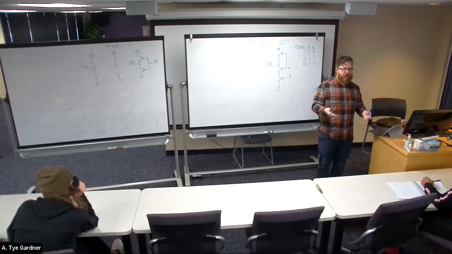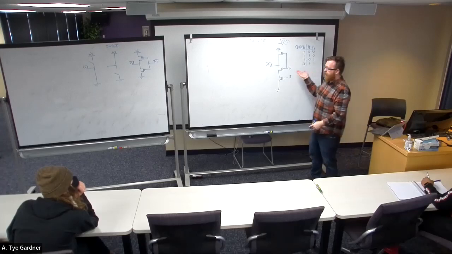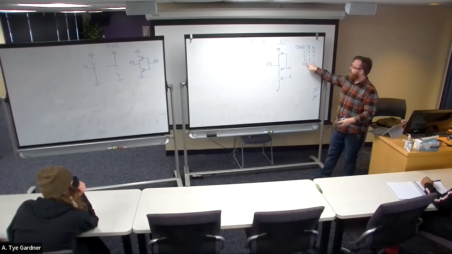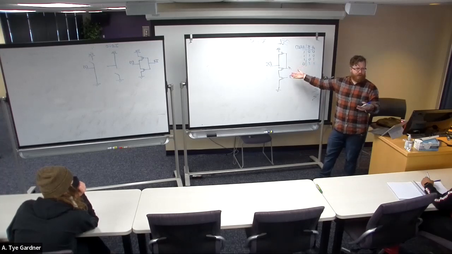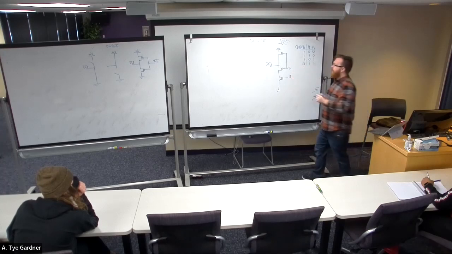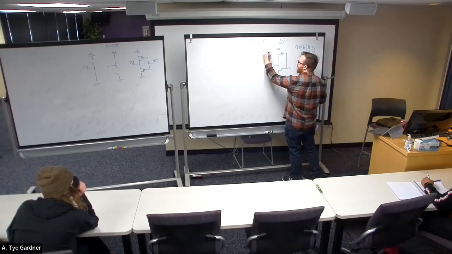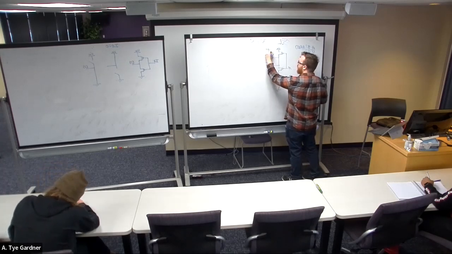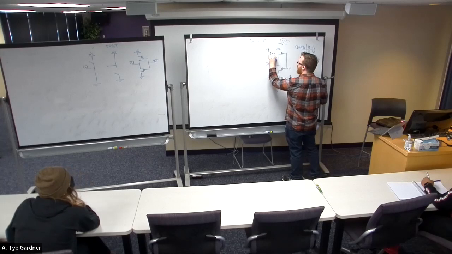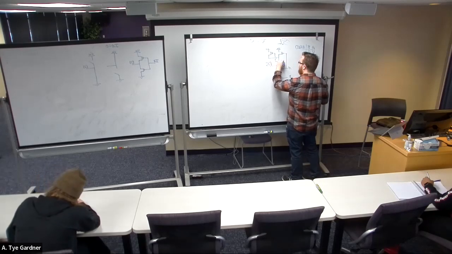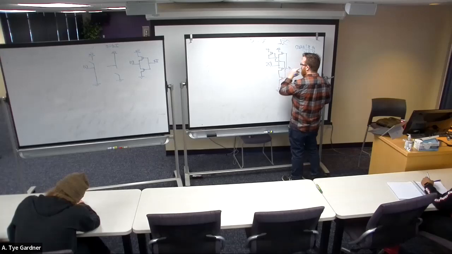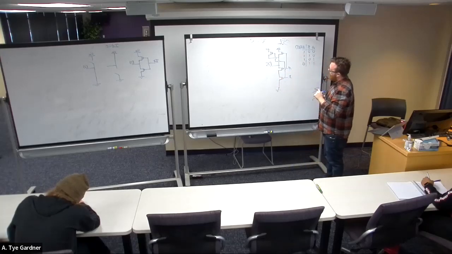But now I need to account for B. And B doesn't care what A is doing, right? If B is 0 on its own, it still wants to make that 1. So we don't want series because that would be an AND situation. What we need is an OR situation. Like so.